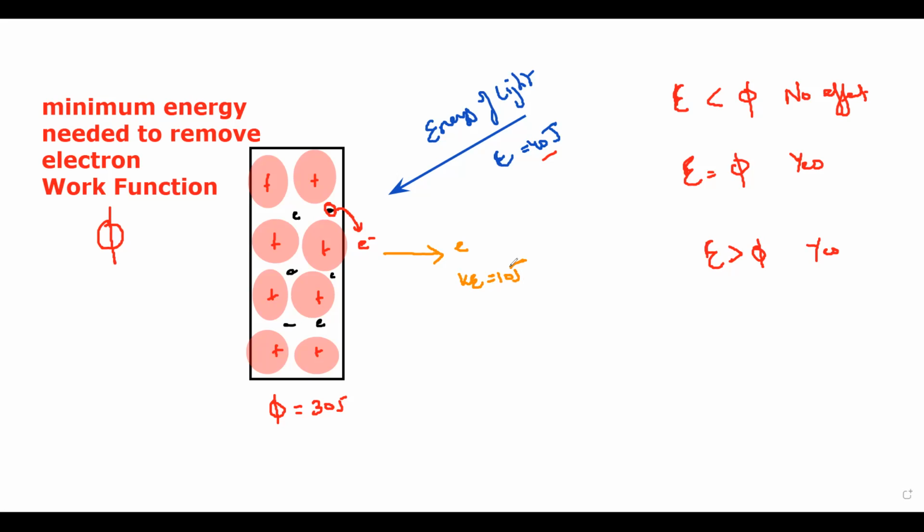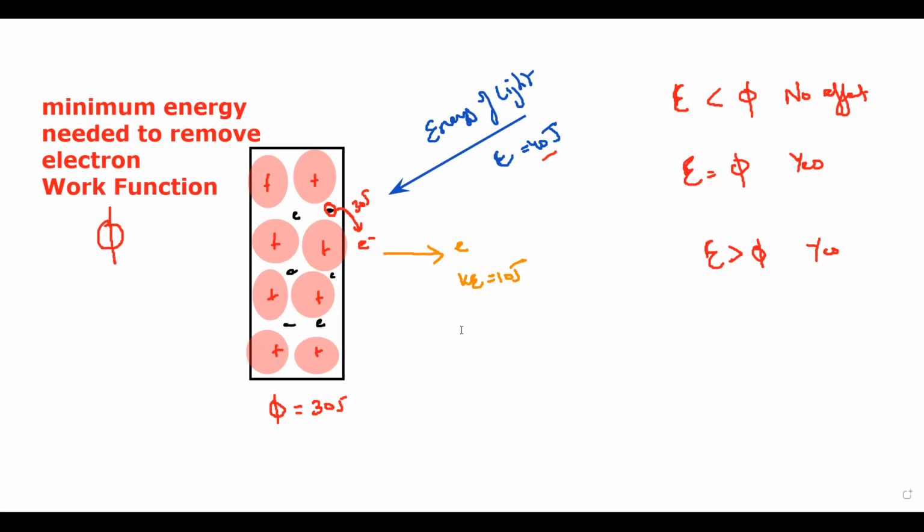So if the energy of the incident light is more than the work function, the electron first comes out, using 30 joules out of 40 to come out, and the remaining 10 joules is used to move.